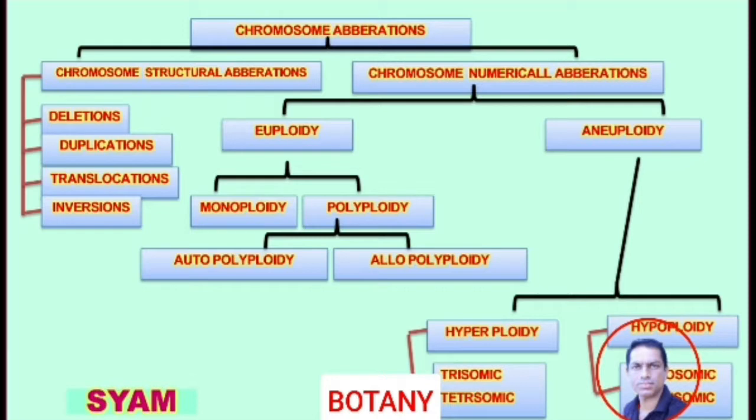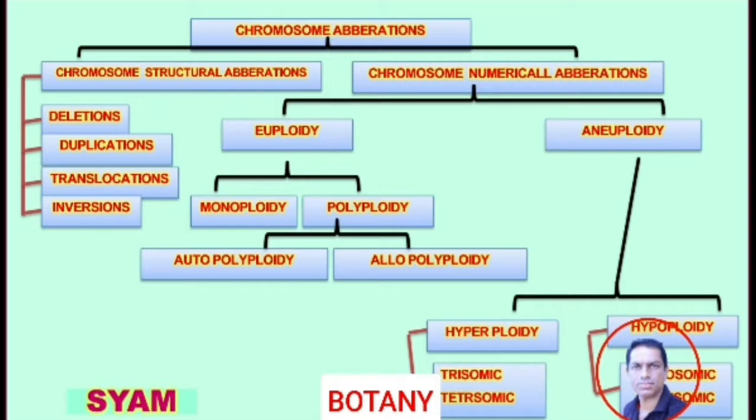They are broadly divided into two types: structural chromosome aberrations and numerical chromosomal aberrations. The structural chromosomal aberrations are further divided into deletions, duplications, translocations, and inversions.